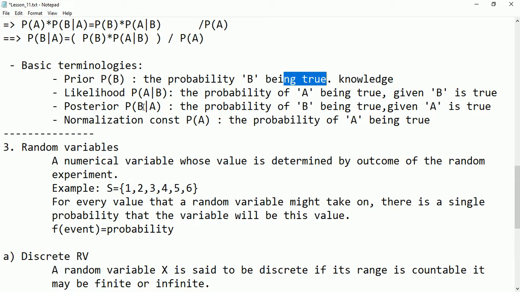Then we have likelihood, probability of A given B, the probability of A being true given B. Then we have posterior probability, and that is probability of B given A, the probability that B is true when A is also true. Then the normalization constant, what we divide by, probability of A, the probability of A being true.